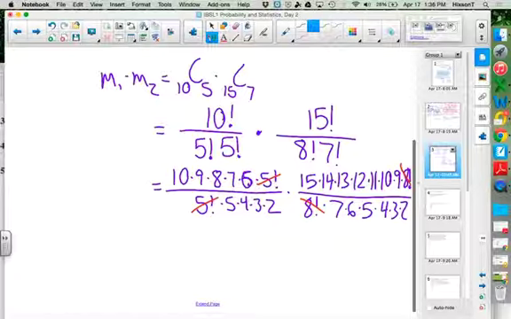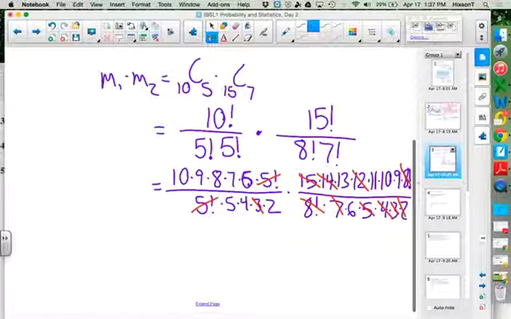A 15 is 3 times 5, so I'm going to cross that out and cross out the 3 and a 5 on the bottom. 14 is 2 times 7, so there's a 14, a 7, and a 2. 13's prime, it's not going to cancel out. 12 is 4 times 3, and since all of this is multiplication, I can cancel across.